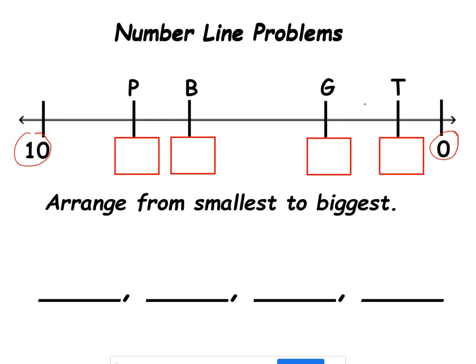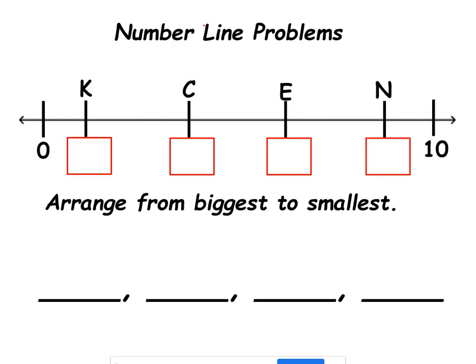So the smallest number is close to 0, and that is T, right? So that's the smallest number, T, and the next is G, yes. And the next is B, and the last is P. Well done.